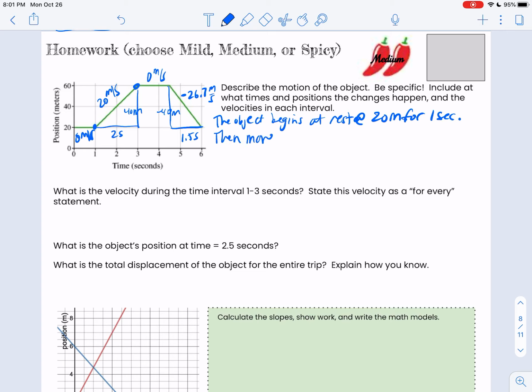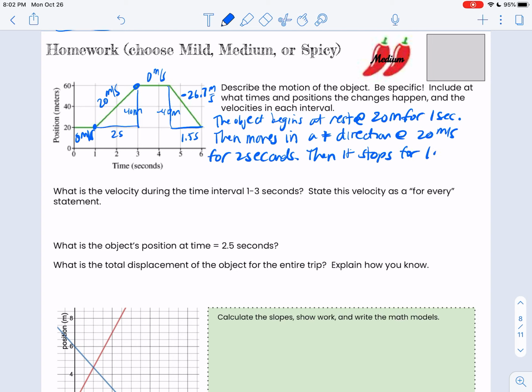Then moves in a positive direction at 20 meters per second for 2 seconds. Then it stops for 1.5 seconds. Finally, it moves in a negative direction at negative 26.7 meters per second for 1.5 seconds. So something like that.